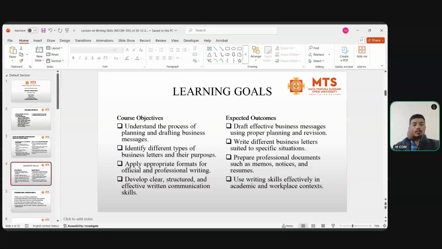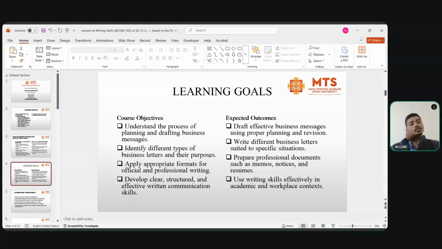Let us understand one by one, point by point. The first objective is to understand the process of planning and drafting business messages. This means learning how to think before writing. The second objective is to identify different types of business letters and their purposes. Each letter or message has a specific aim or goal.